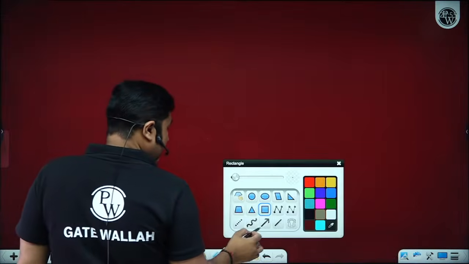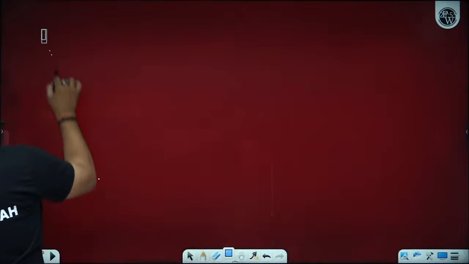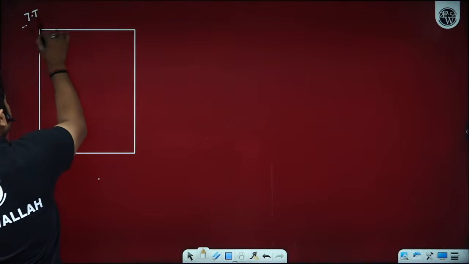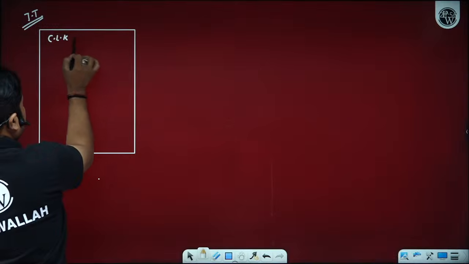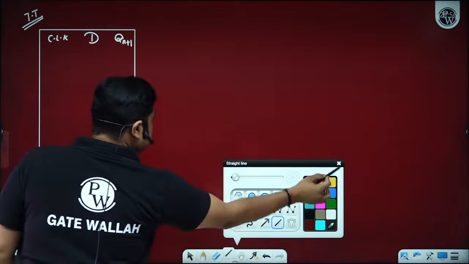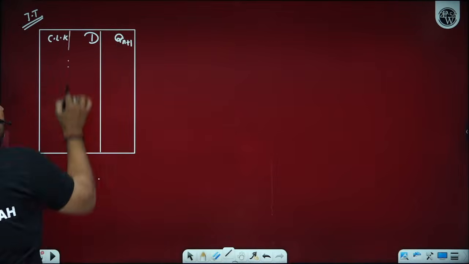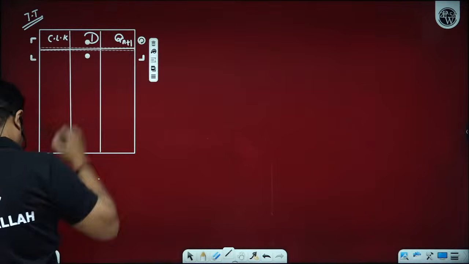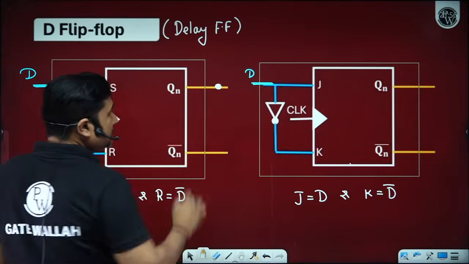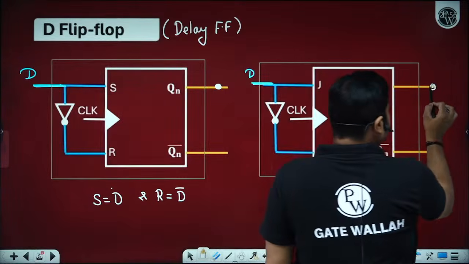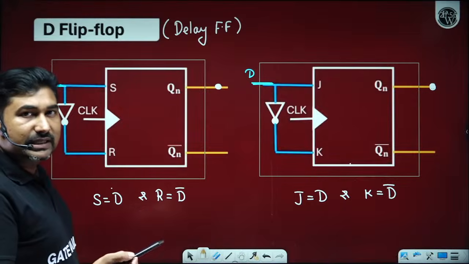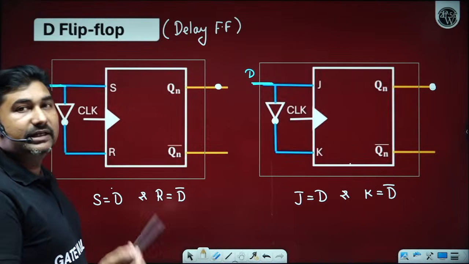Please observe the D flip-flop truth table: clock, input D, and Qn+1 as the next state, which we observe at the Qn port. Qn+1 means next state. Present state is Qn. Qn+1 is the state on application of the clock and the input.